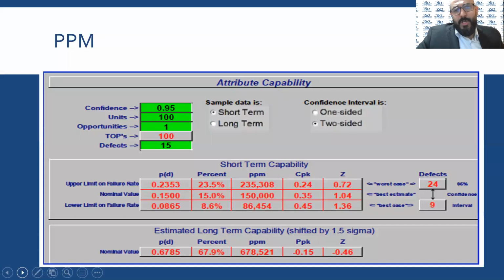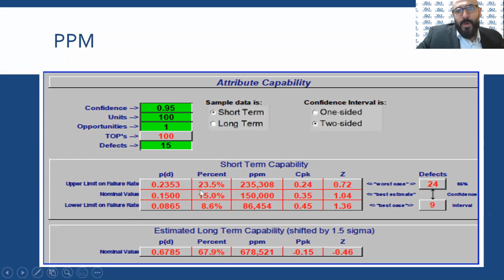Another screen that I want to share with you is to find out what the sigma would be. In this table you will see some of the concepts such as the PPM, and this came from Minitab. When you use Minitab, you will be able to do the process capability, and you will be able to find the CP and the CPK, also the PPM.